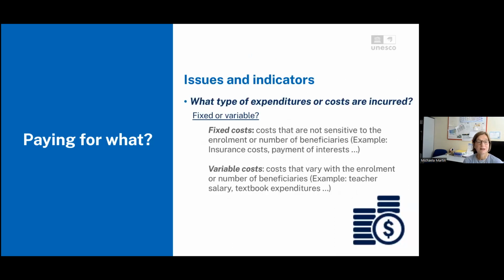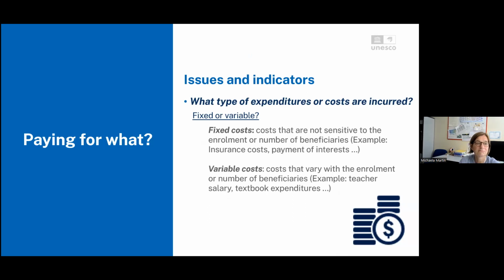We also need to make a distinction between fixed and variable costs. A fixed cost in education, as in any other area, is a cost that is not sensitive to enrollments or the number of beneficiaries.